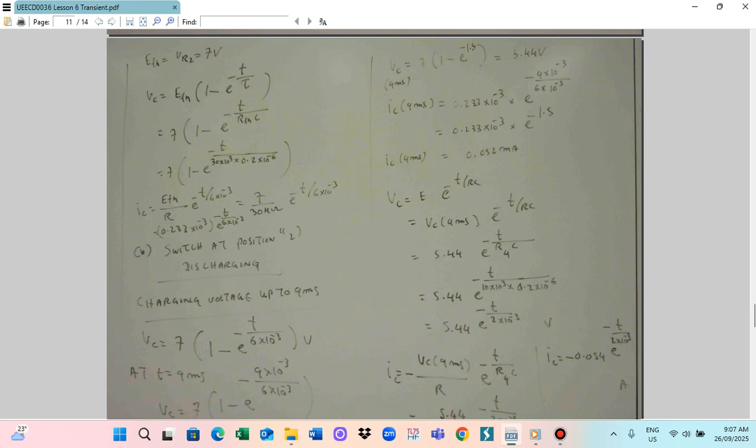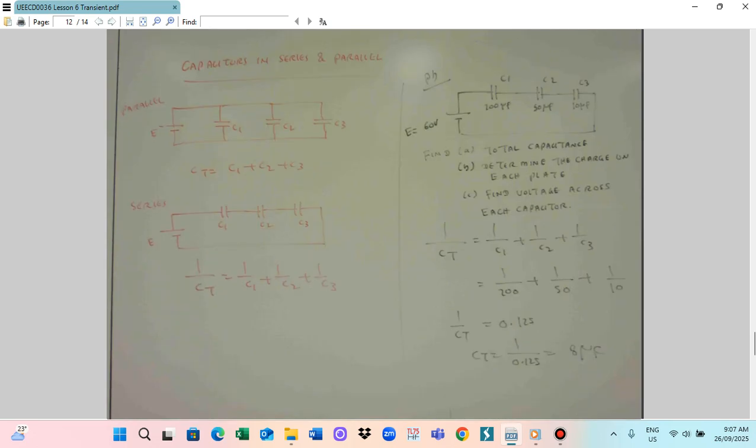Okay, the last portion is capacitors connected in series and parallel. So capacitors can be connected in series or parallel.